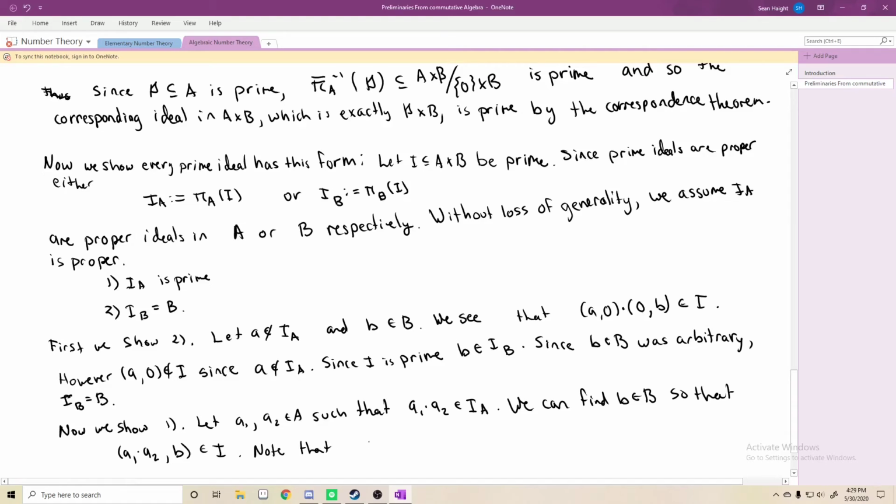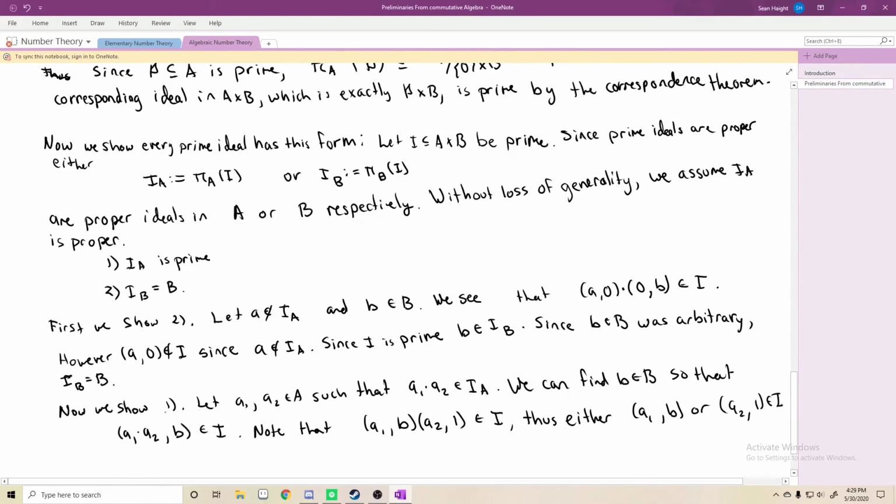Note that (A1, B) times (A2, 1) is (A1 A2, B), so I can just factor this as (A1, B) times (A2, 1) is in this prime ideal I. Thus either (A1, B) or (A2, 1) is in I. And then either A1 is in I sub A or A2 is in I sub A. This is exactly the definition of what it means to be a prime ideal.